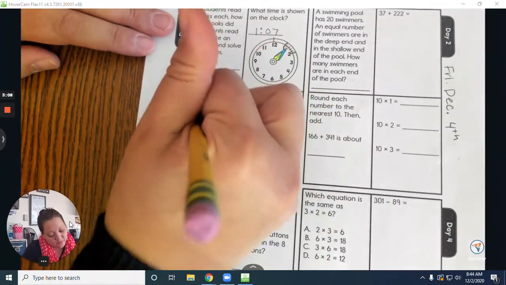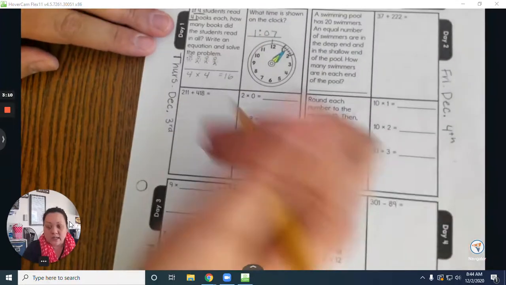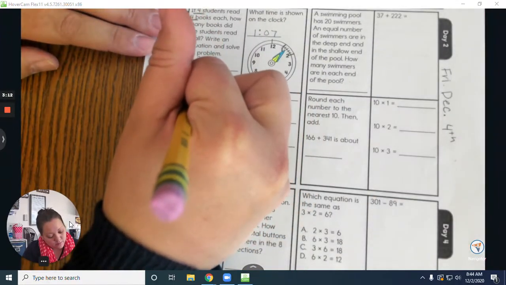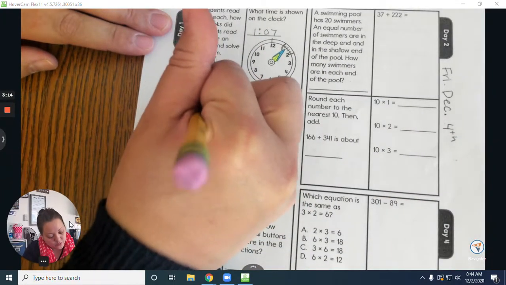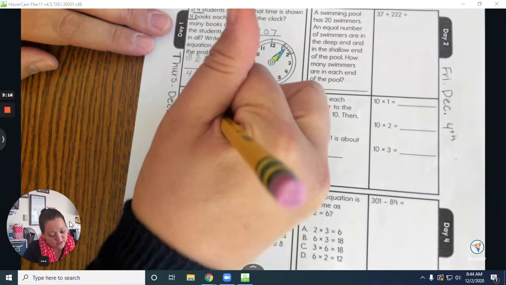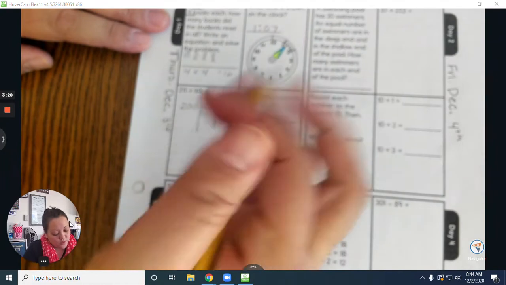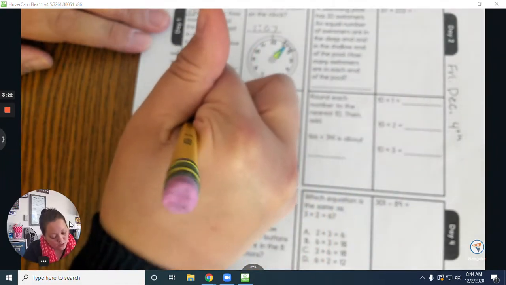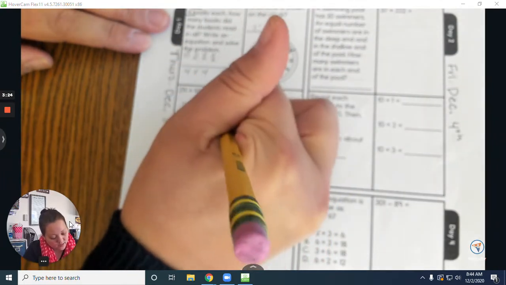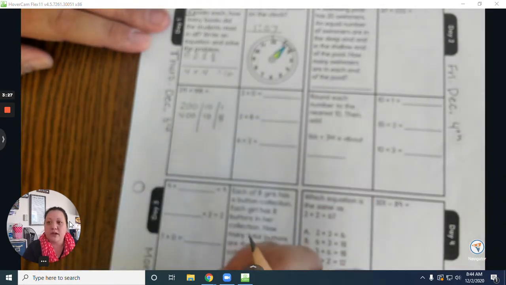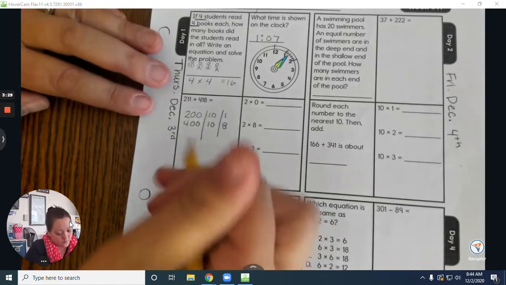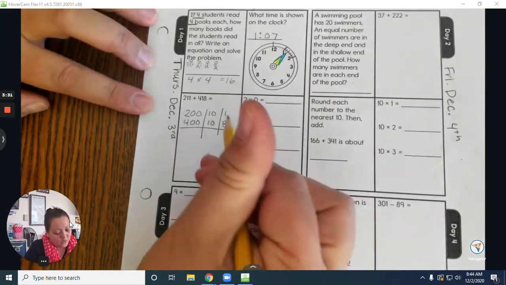Okay, 211 plus 418. So I'm going to do a break apart method. So I know 211 is really 200 and a 10 and a 1. And the 418 is really 400, a 10, and an 8 if I break it apart. Now I can solve.